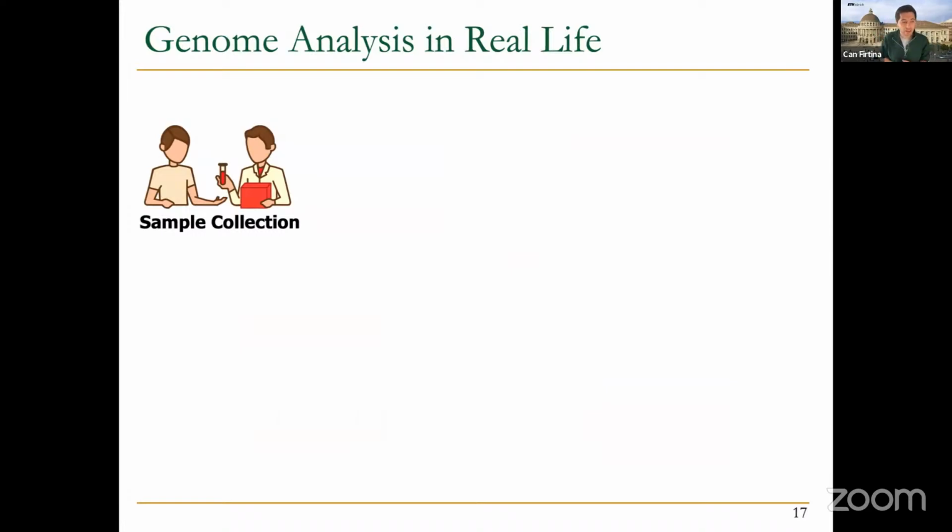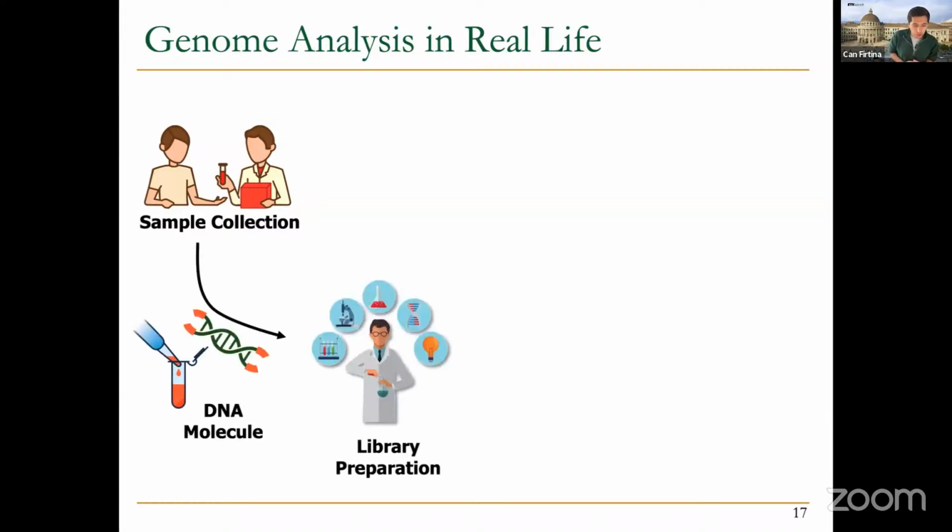We usually start with a sample collection. For example, assume we take a swab from your mouth, or we take blood from your tissue, and then we collect that sample. Then there are a bunch of steps that chop this DNA into multiple fragments, and perhaps some adapters, or specialized tools, are attached to the ends of the DNA or RNA.